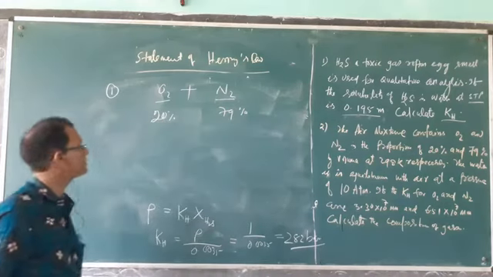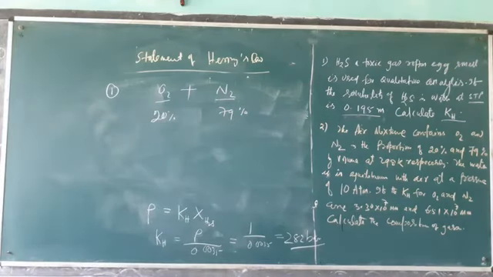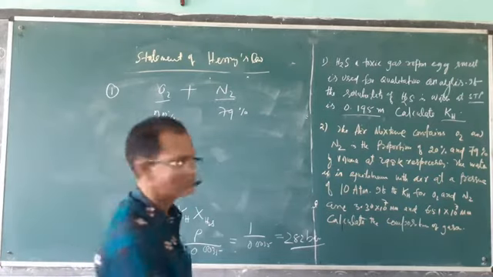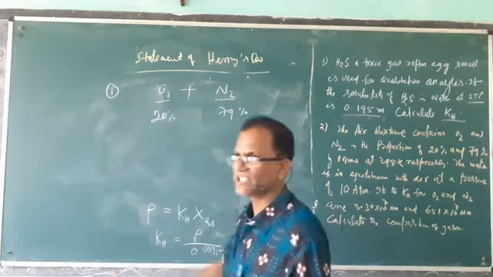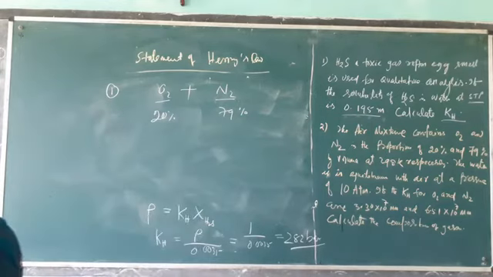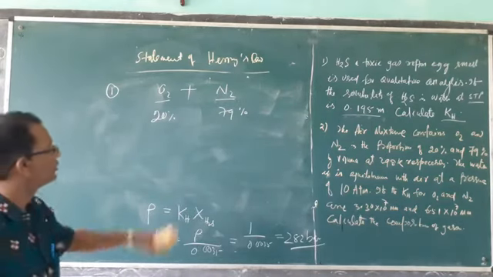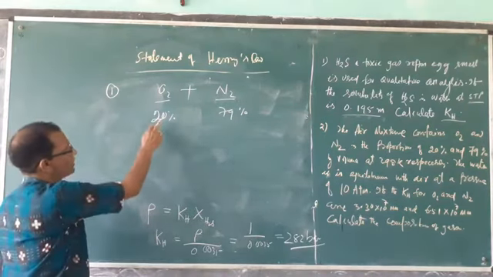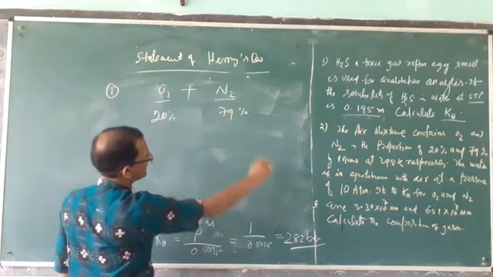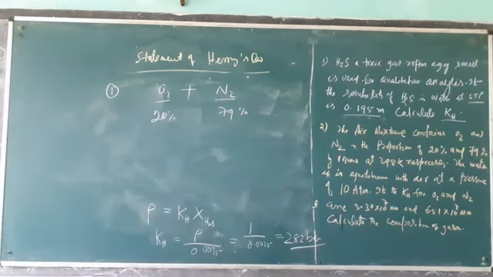This much volume of oxygen and nitrogen is present. The remaining 1% is other gases, which it is not necessary to know as per the question. So 20% oxygen and 79% nitrogen.